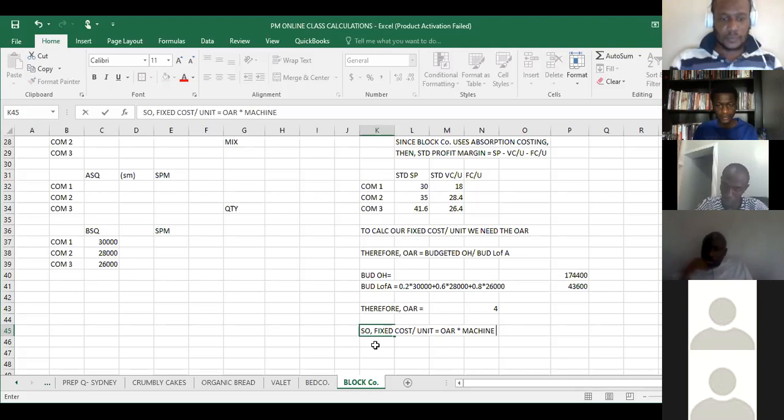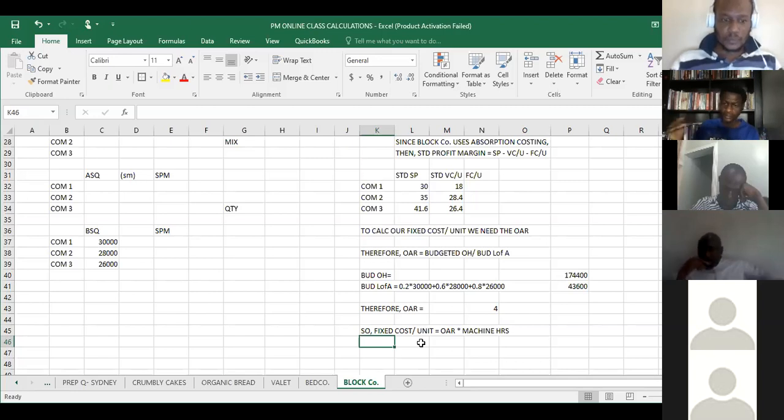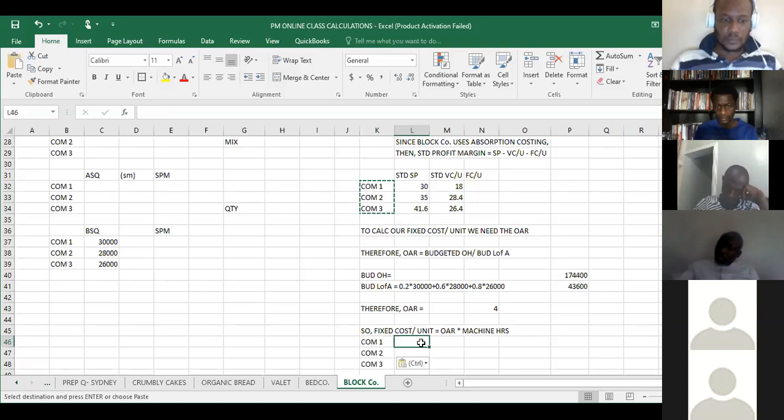All right, so we can fix that in. So our OAR now will be 4 in every case. And 0.8.